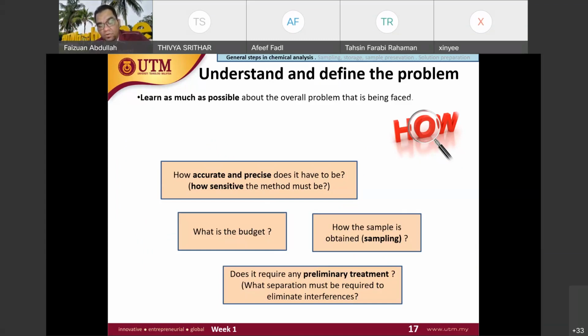Is it there or not? Okay, what is the analyte? So don't spend a lot using a high-end instrument. Just use the qualitative instrument. So what is the budget? It's really important. How is the sample obtained? Okay, sampling process. Does it require any preliminary treatment? Okay, and so on. So these are the things that we need to define.